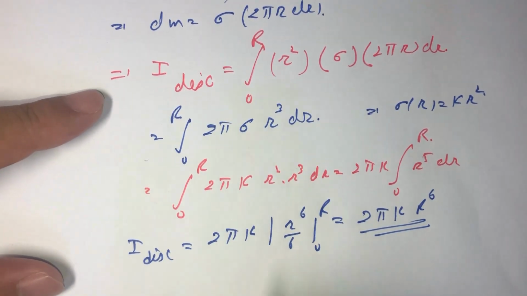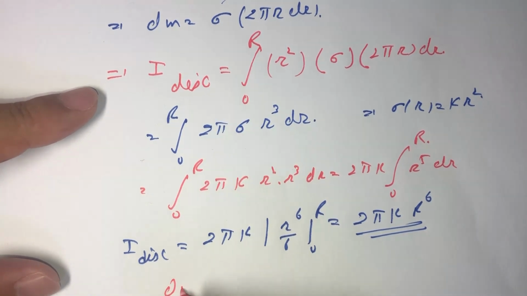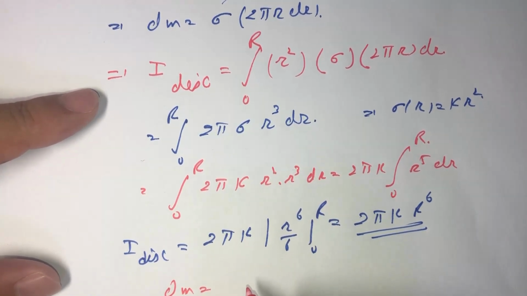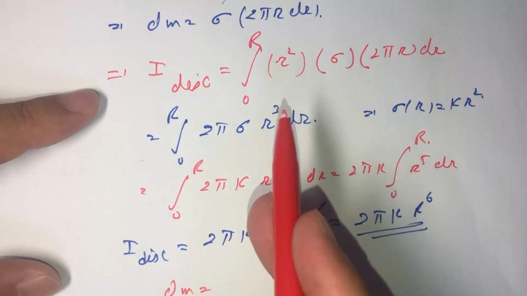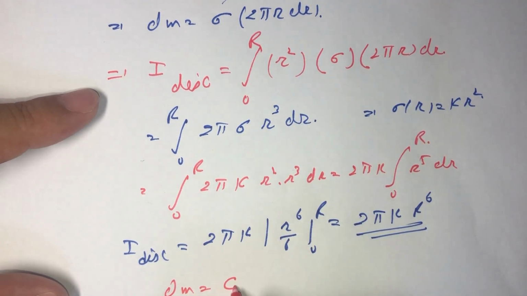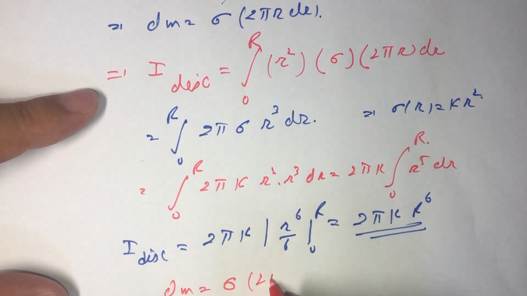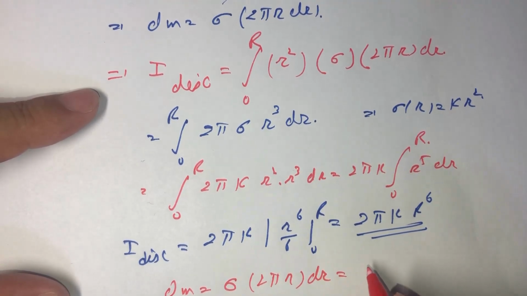So we already know that we found out that our dm is equal to sigma 2 pi r dr, substituting value of sigma, which is kr square.